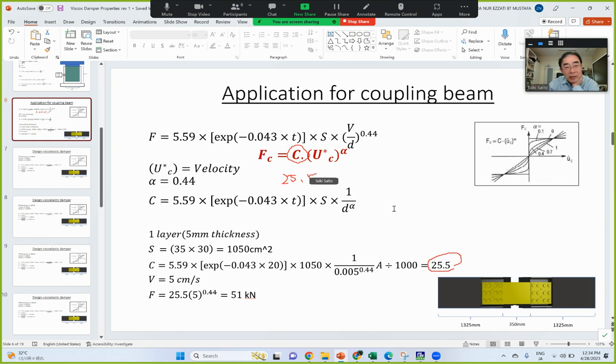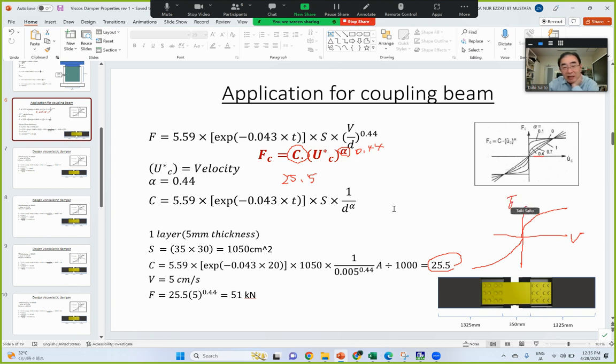And alpha is 0.44. So from this picture, I believe this will be this kind of curve. Yes, sensei. And this is velocity, and this is damping force.